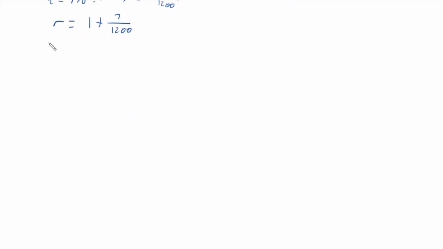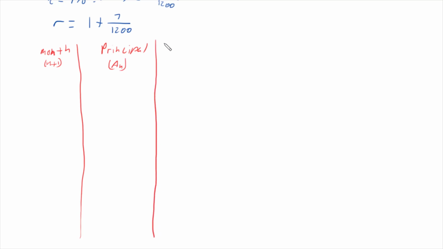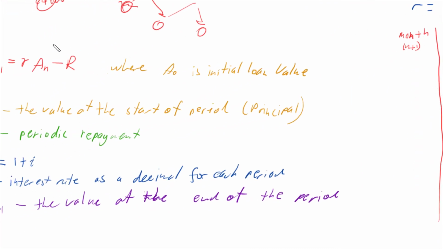So our loan schedule is going to be a table where we're going to specify each month that we're going to be doing this for, which represents us increasing our n each time. We're going to have our principal for each period, which is a n. We're going to have our principal plus that interest, and that's the first part of this rule, r times a n.